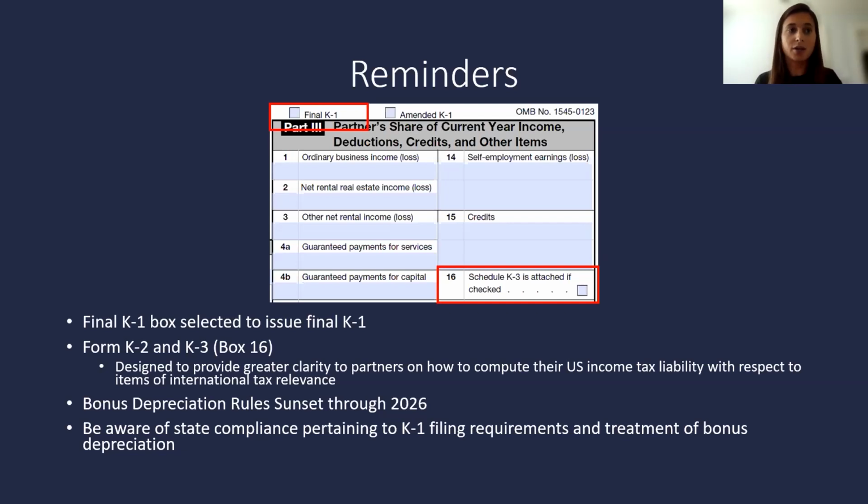And I know you'll probably ask me this in the Q&A. It's not a black or white answer. Every state has its own sets of rules and guidance. Sometimes if you have a loss, you don't have to file a return, but you want to maximize that bonus depreciation, so then you may have to file a state return. It just varies by state, and depending on how many states you receive K-1s for, it could potentially increase the fees associated with your return.